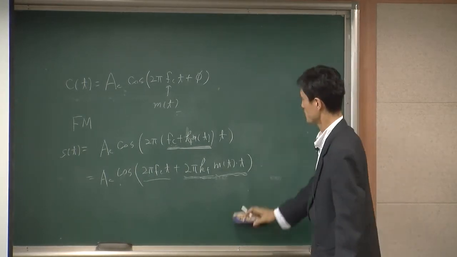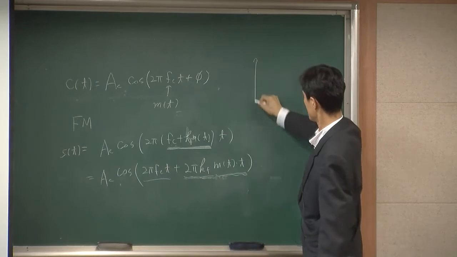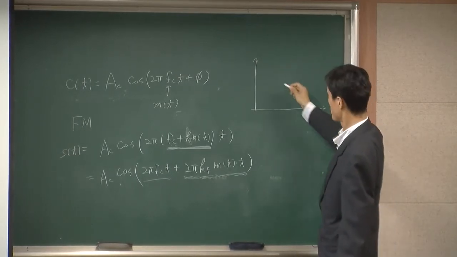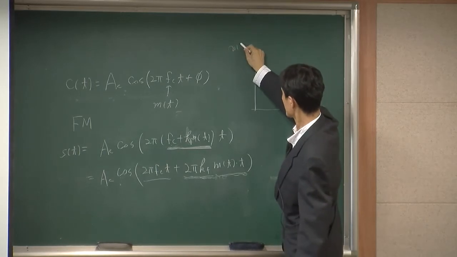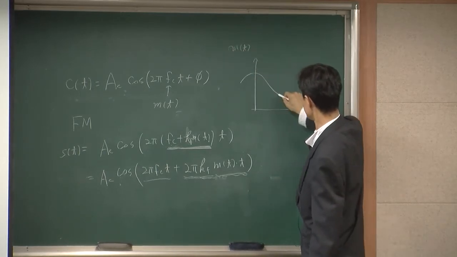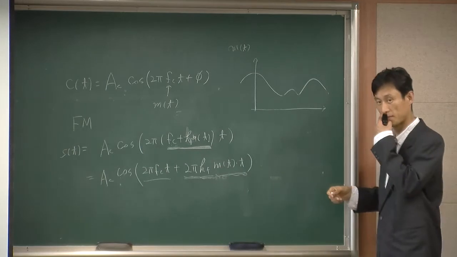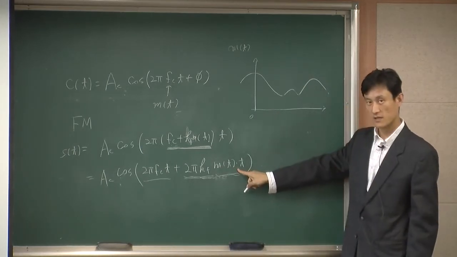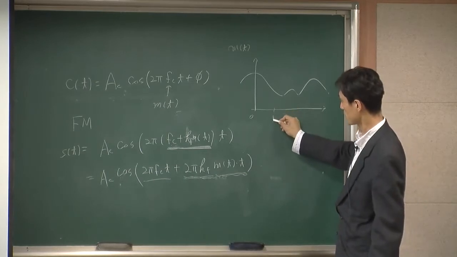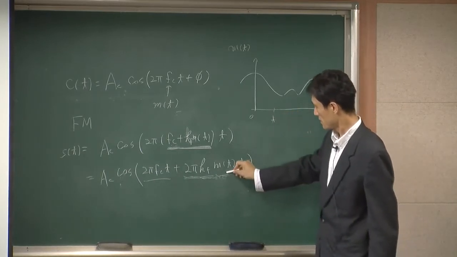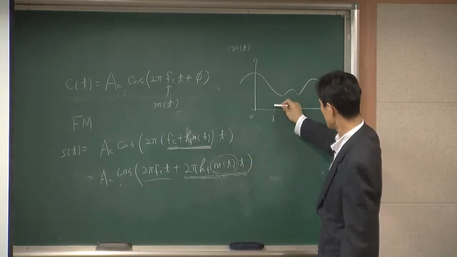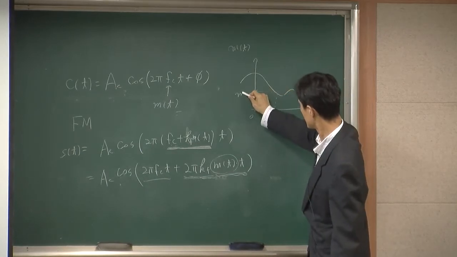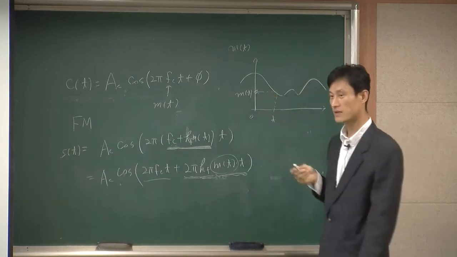Let's take a look at this one in mathematics. Let's say this is the time domain, and we want to look at our message m(t). And let's say our message looks like this. Here's a 0. What this means is if you pick a t here somewhere, then this m(t) is this one, right here, right?